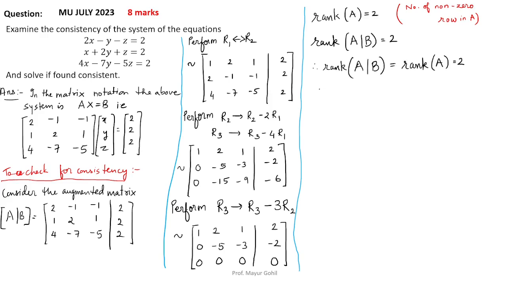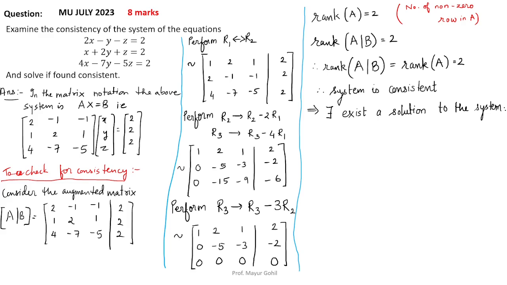We get therefore the system is consistent. What does this mean? It means that there exists a solution to the system.